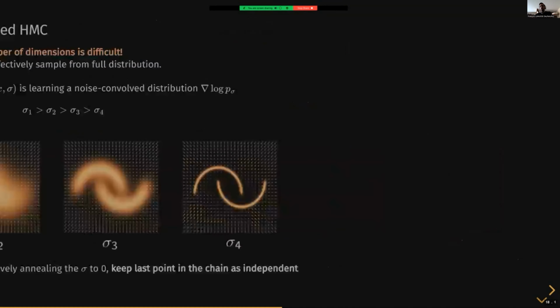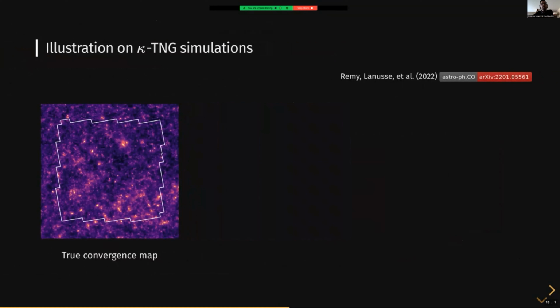So I'm going to show you the results very quickly, and then I'll move on to some conclusions. Here is an example of real images, real signal from a simulation. And in this particular sample, I'm assuming that my survey, so my data, will only give me information about the center of this white region. And I don't see anything outside of this region.